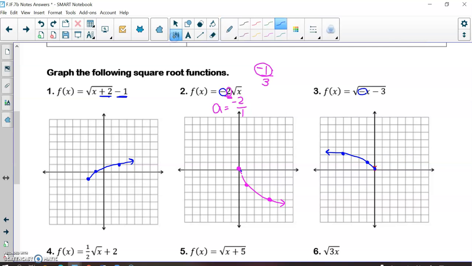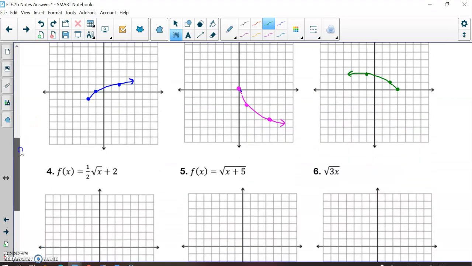Now I'm going to need to translate all of these 3 units over to the right. And I'll erase my blue graph, and this is my function.